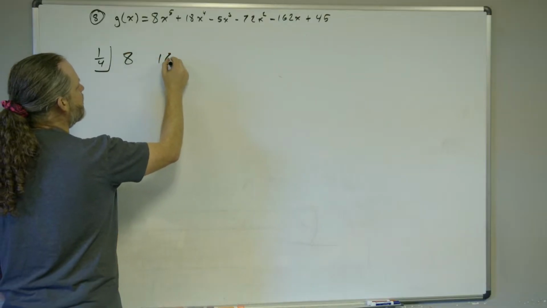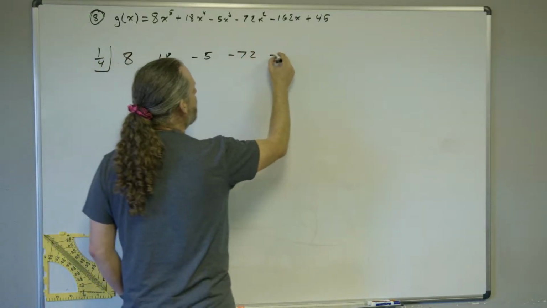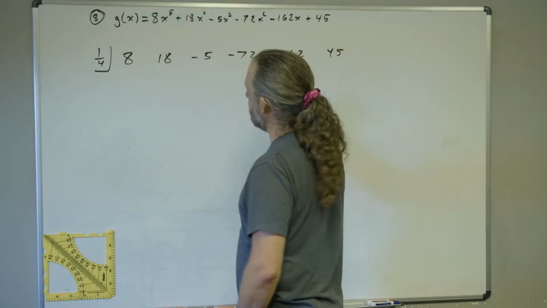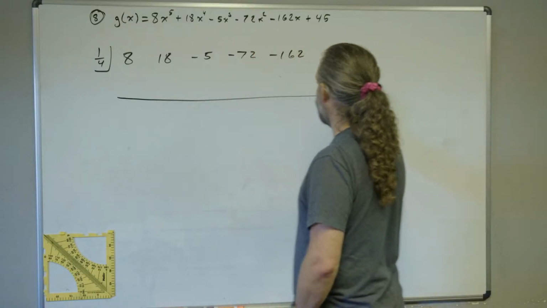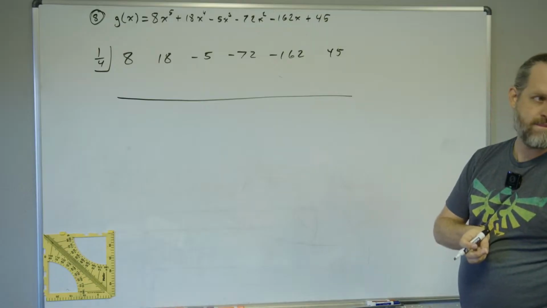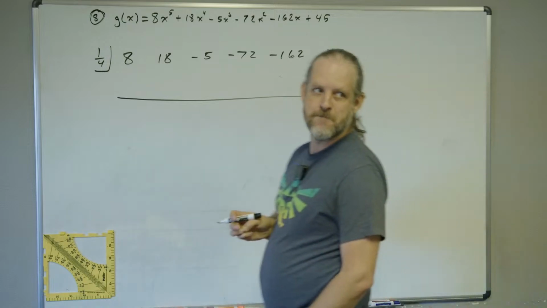8, 18, negative 5, negative 72, negative 162, 45. You could chunk the 8 down below. I was thinking of synthetic division.